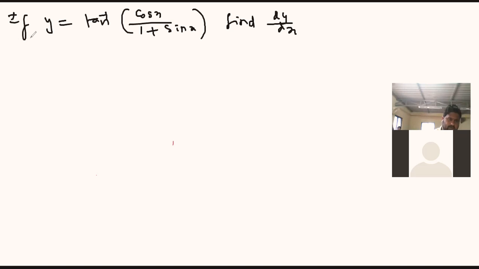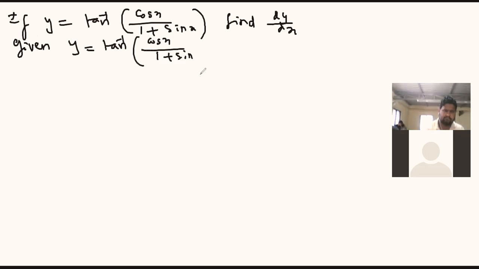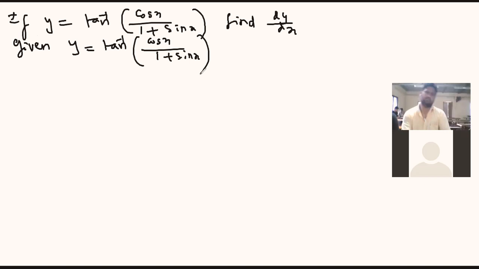So see how to solve this. So given is y equal to tan inverse of cos x by 1 plus sin x. So here there is no direct formulas of cos x and 1 plus sin x, so that I can use these formulas.